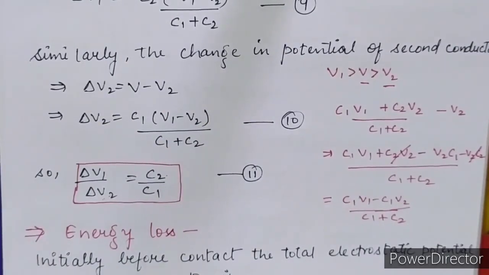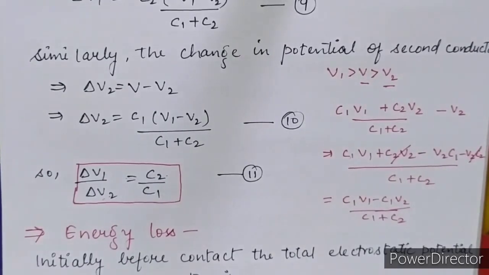Afterwards, when we connect a conducting wire between the isolated spherical conductors, the potentials move from high to low and acquire a common potential. Then we find the total charge Q dash, Q1 dash plus Q2 dash. In this condition we have the same potential.